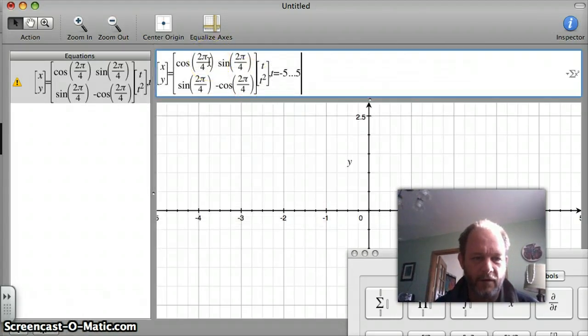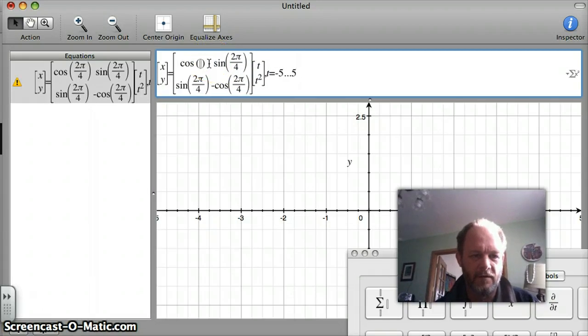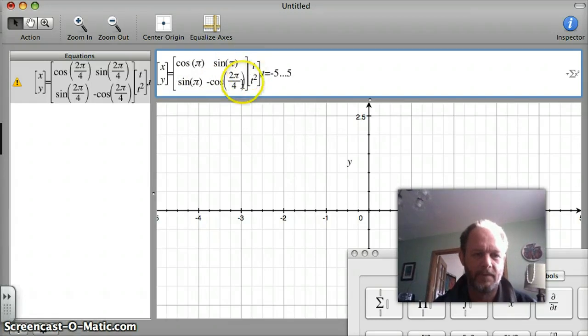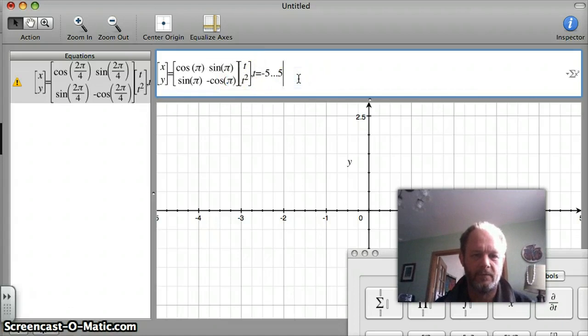So let's just try this. Cosine of pi, sine, minus cosine pi and see how that works.